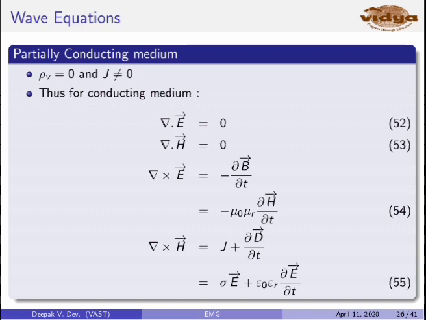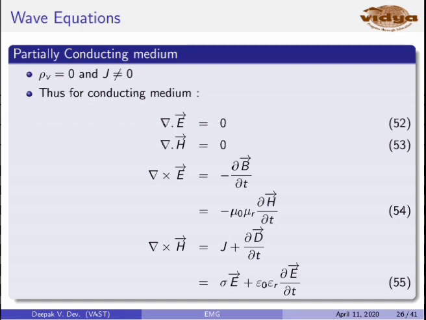These materials are not pure dielectrics. They have some amount of conduction loss. Conduction loss means I squared R loss. That's why in such a medium, J will not be 0. In a pure dielectric, conduction current is not there, so J is 0. But in a lossy dielectric or partially conducting medium, J is not equal to 0.